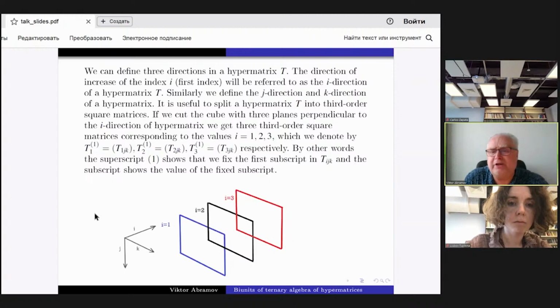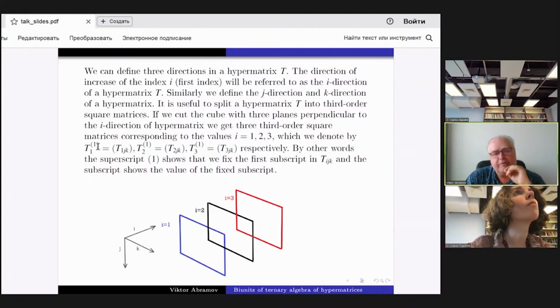So how will I denote them? I will denote them like this. For example, if I fix the first subscript, I show it here by this superscript. This shows that the first subscript is fixed, and the value of this fixed subscript is 1. So I get this matrix. Here I fix the first subscript, but its value is 2.